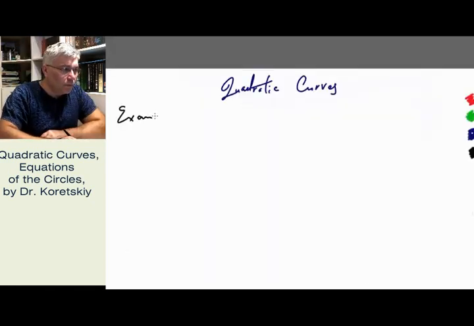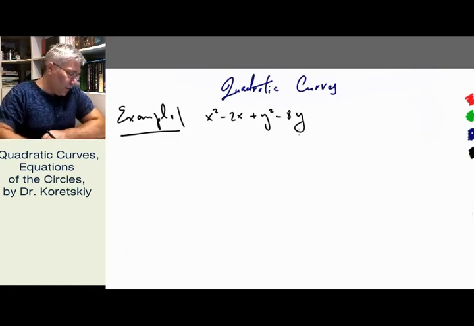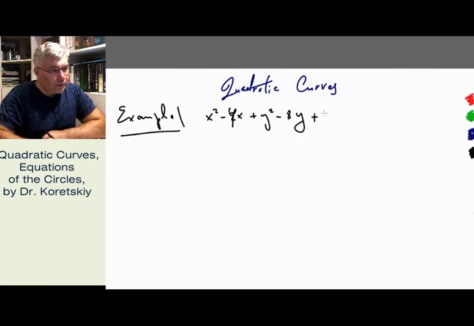Example number 2. I have x squared minus 2x plus y squared minus 8y plus, for example, 4x plus 19 equal 0.